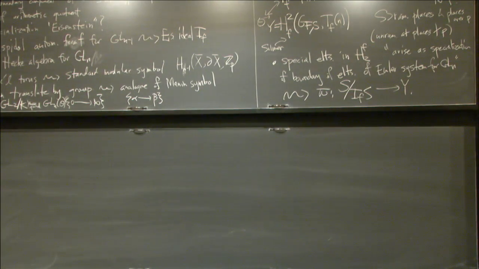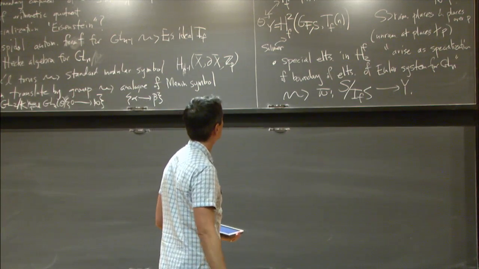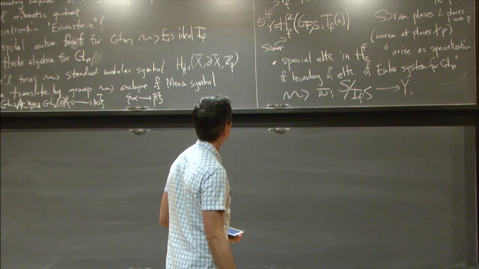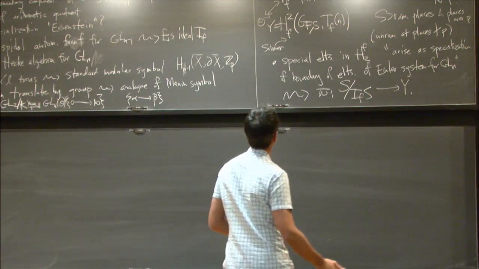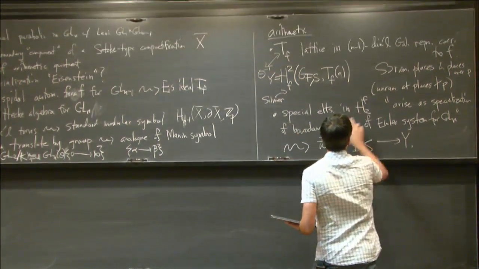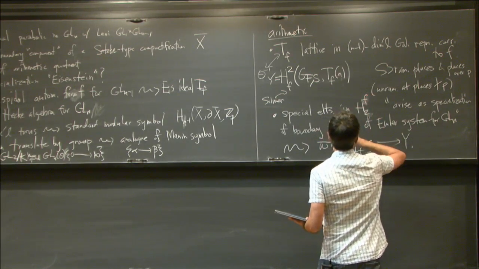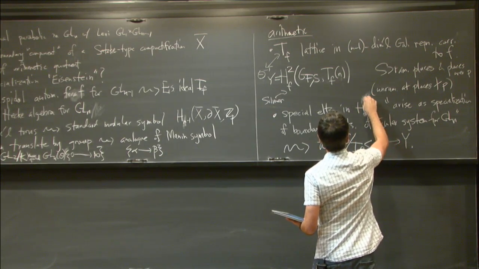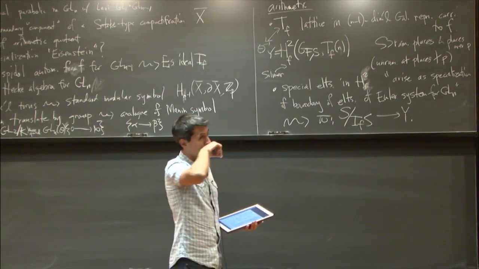So then the question, of course, you would ask is, is there a map upsilon? Sorry, is it supposed to be clear why, if these special elements arise as a specialization, whatever this means, you should get a map like this? In particular, S1IS should be almost isomorphic to Y. That's the hope.